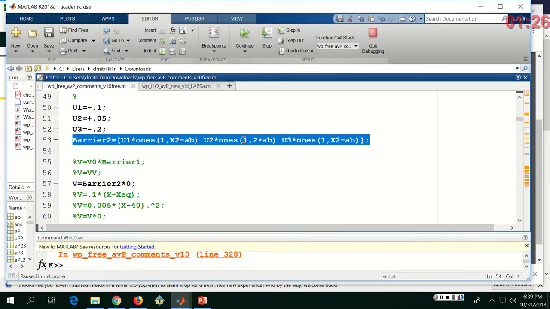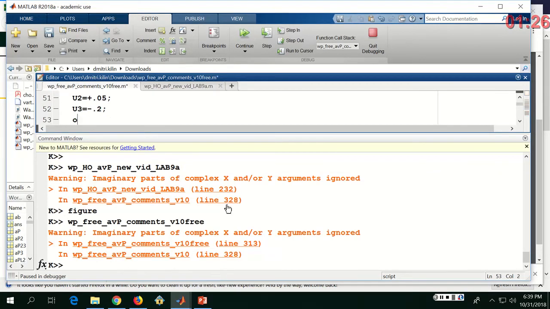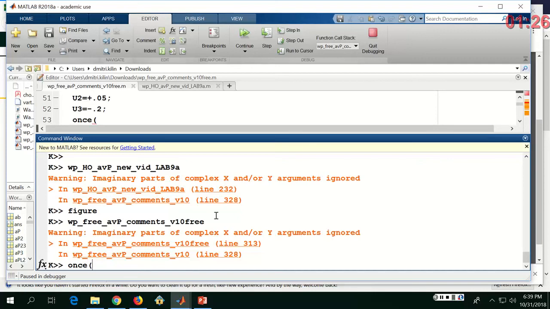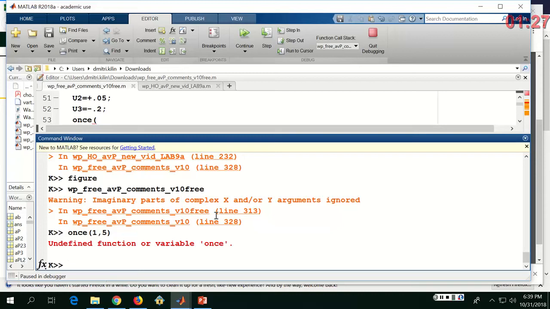Like if I type ones(1,5), what am I going to get? Guess what? You can do this experiment yourself. It didn't work for me.